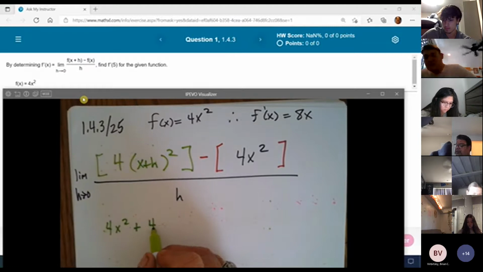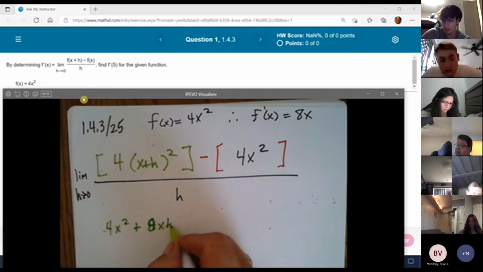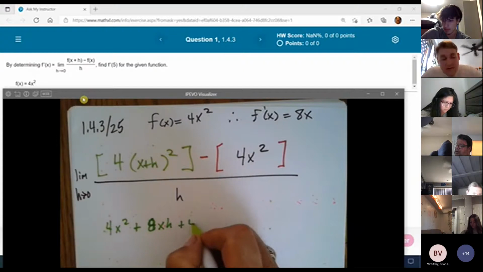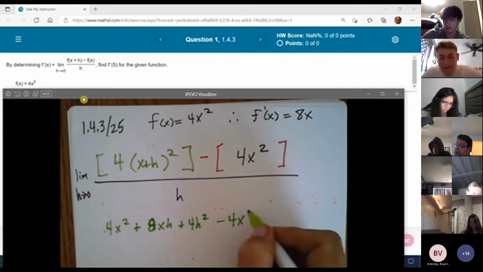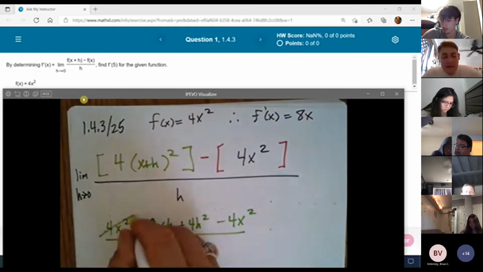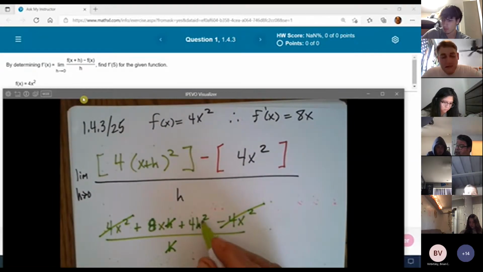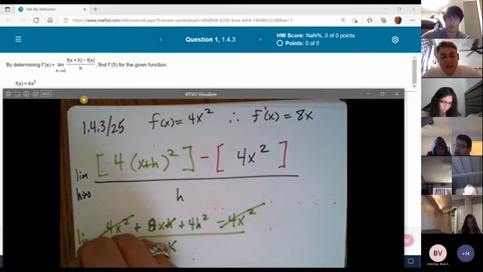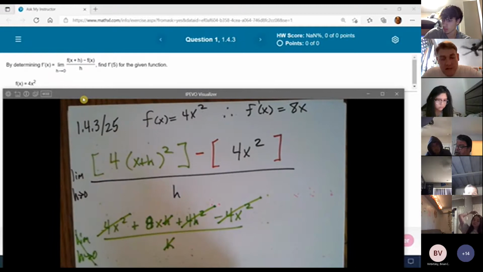No, 8xh. That's where I messed up a while ago. 8xh plus 4h squared minus 4x squared over h. And the 4x squareds cancel. And that will cancel there. And that's going to cancel, limit as h approaches 0. That's going to take that out, so you're left with 8x.